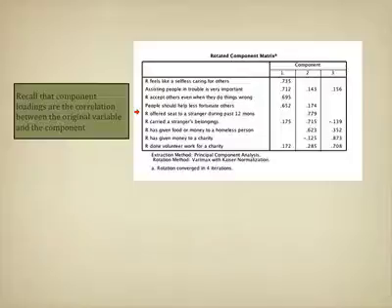This is component 1, component 2, and component 3. So in this case, this variable, "feels selfless and caring for others," correlates very strongly on this component, and then very low on component 2 and component 3.